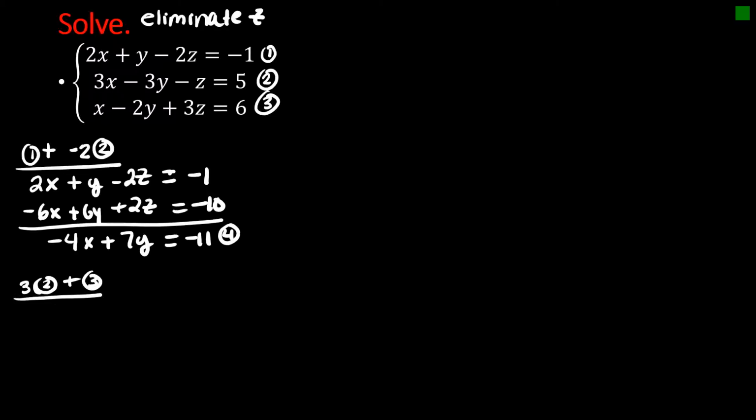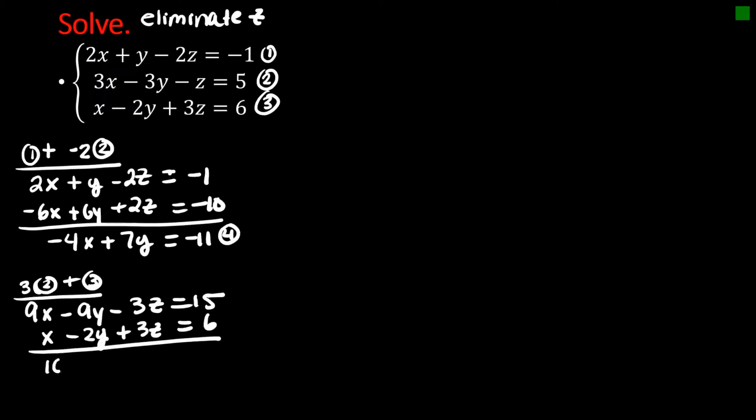So my equation 2 will become 9x minus 9y minus 3z is 15. I copy my equation 3, x minus 2y plus 3z is 6. And when I add, I get 10x minus 11y equals 21. And this is my equation 5.